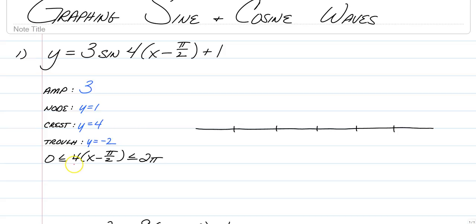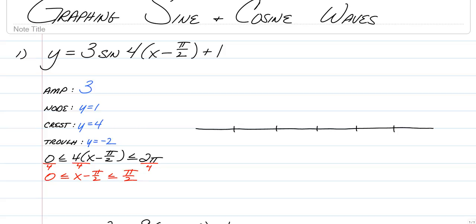Now the first thing we're going to do is divide all 3 parts by 4 to get rid of this, so the left, the right, and the middle at the same time. We are going to have 0 is less than or equal to x minus pi over 2, which is less than or equal to pi over 2.